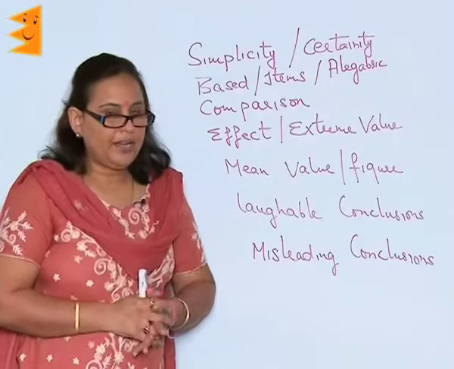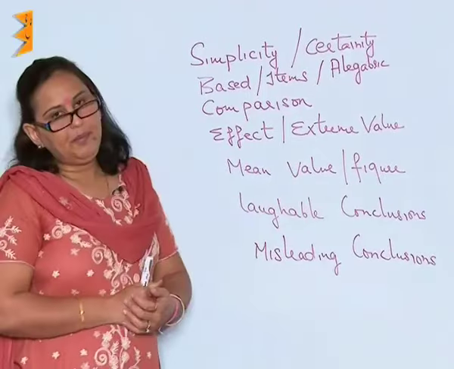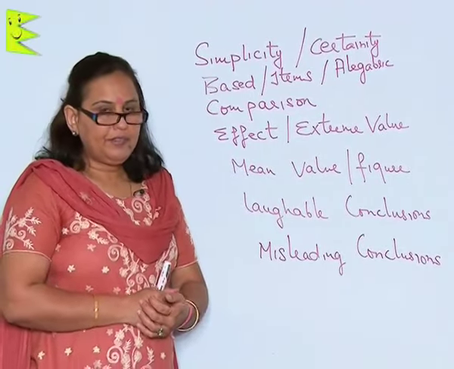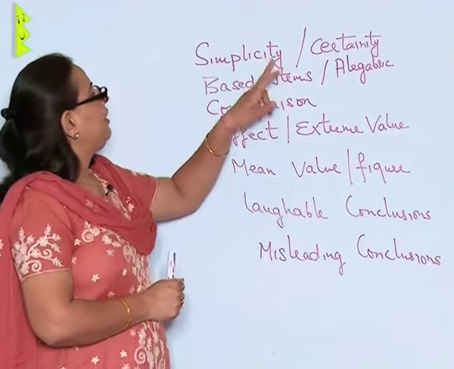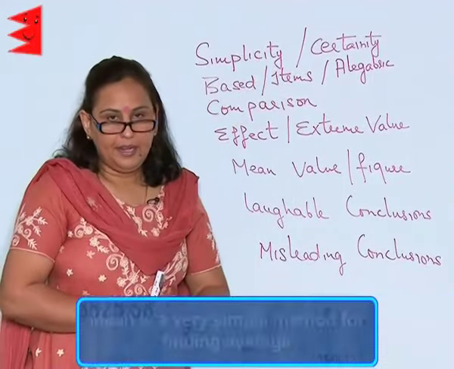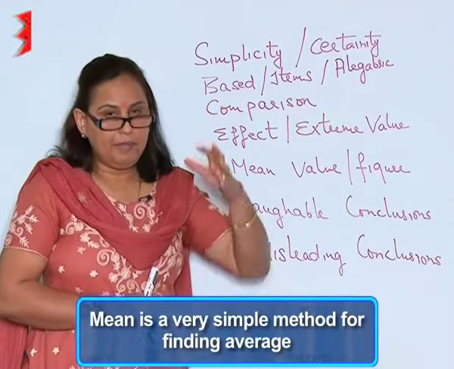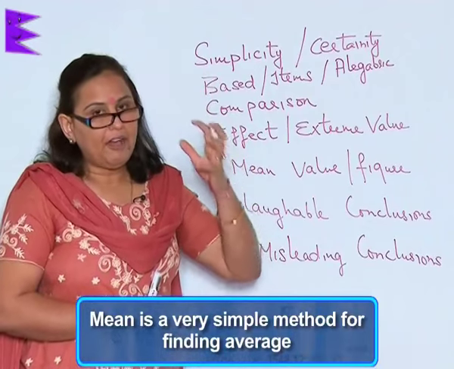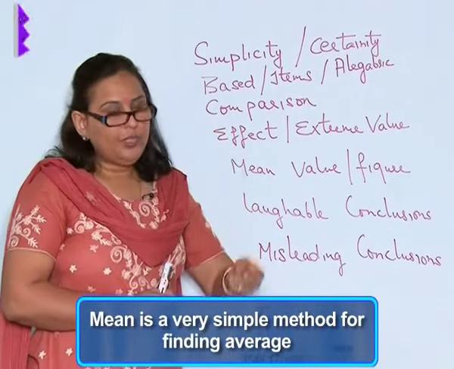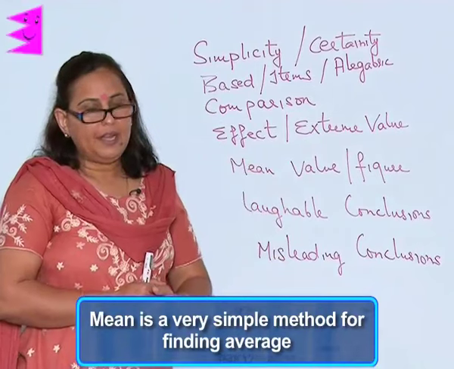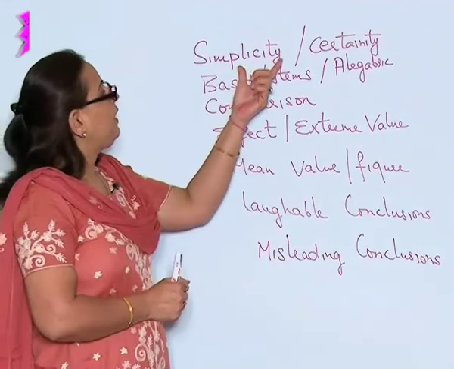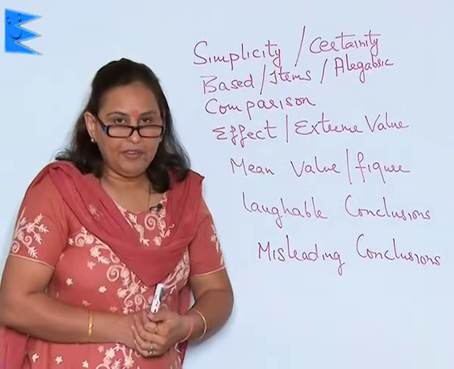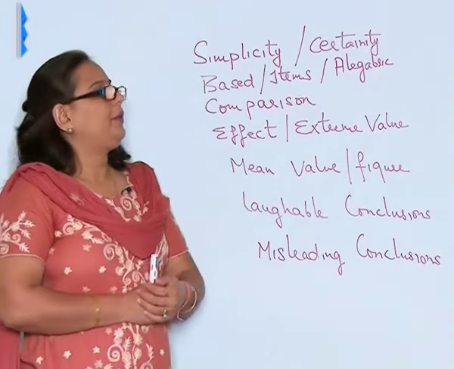Now let us try and know the merits and demerits of mean. As far as the merits are concerned, the first merit is that it is a very simple method of finding out the average of the students or of the series. Thus, it gives us in a very simple manner the averages that we need to find out.